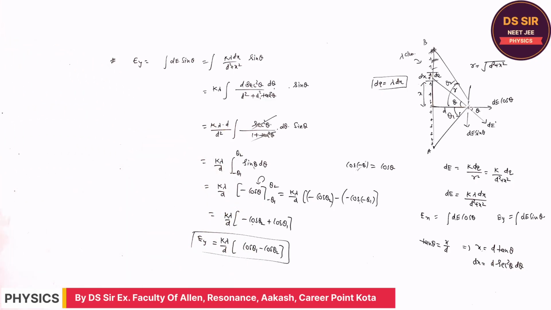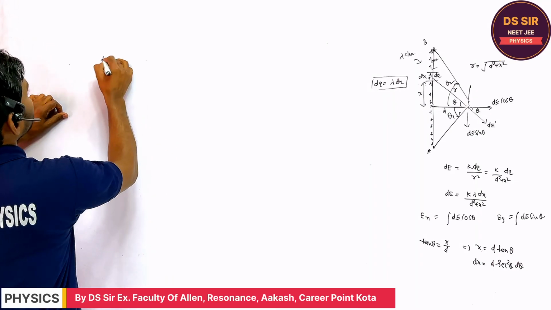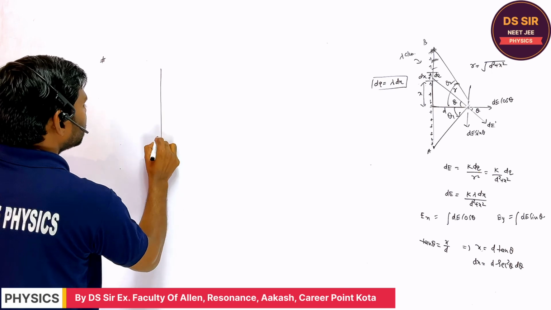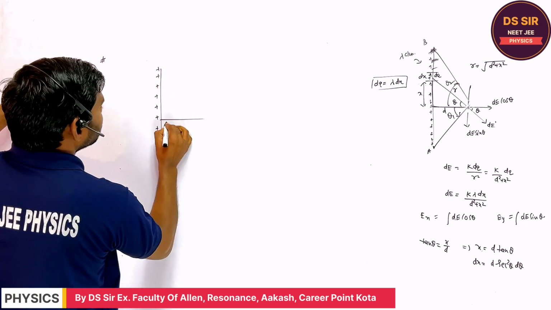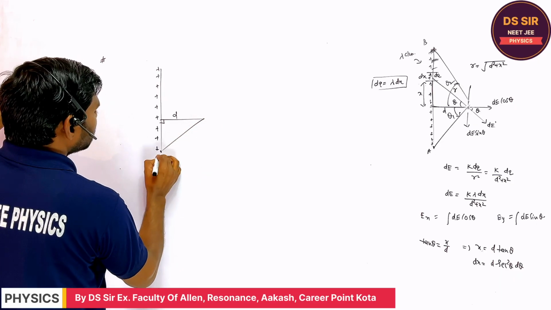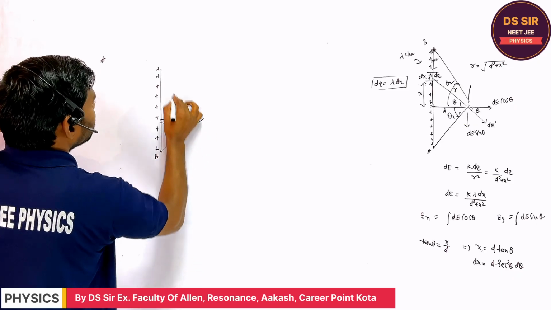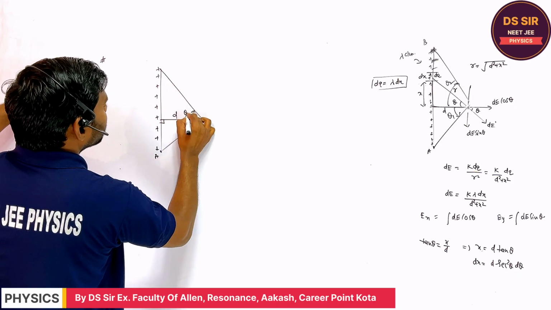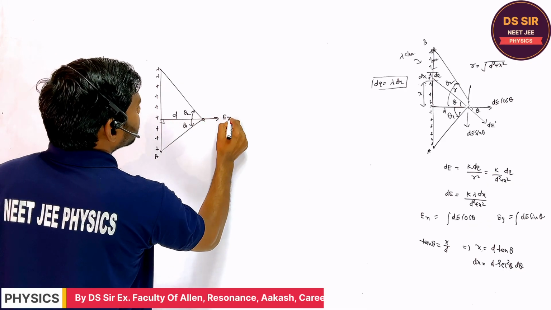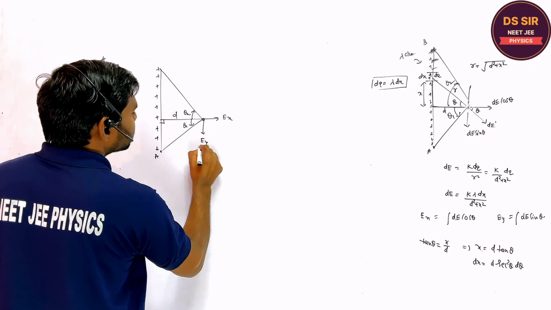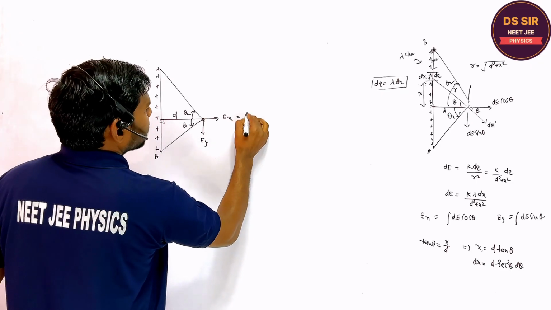Copy this first. So listen to one thing, I'm writing this expression once again. If this is the linear charge density, this is the perpendicular distance, the point A is making angle theta 1, the point B is making angle theta 2. At this point, the electric field in x and y direction you can write separately.